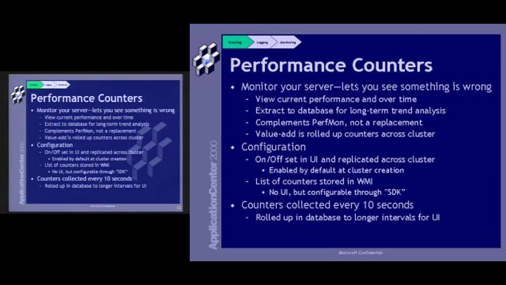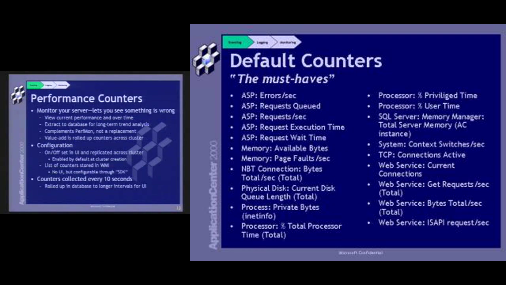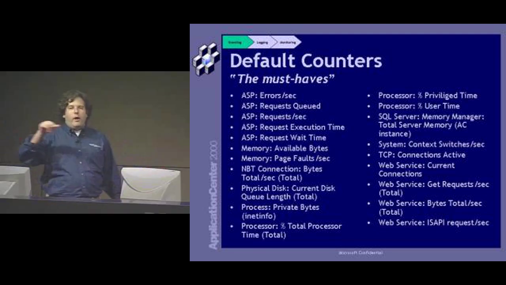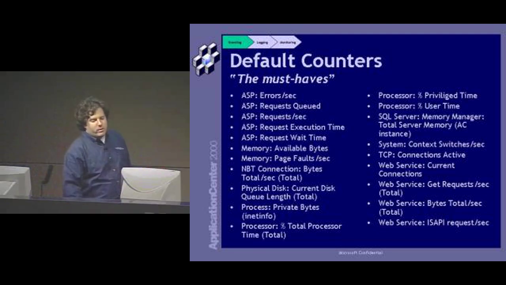So if I'm collecting at 10 seconds and I'm viewing over a week, I'm going to have hundreds of thousands of points. That could be a very large hit on the server when I do the query to view it. So instead, we roll that up to 15 minutes, store only the number of points that we need, and return that to the UI. We'll talk a little bit later about what those specific intervals are.